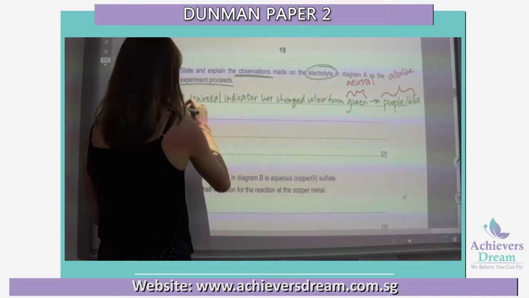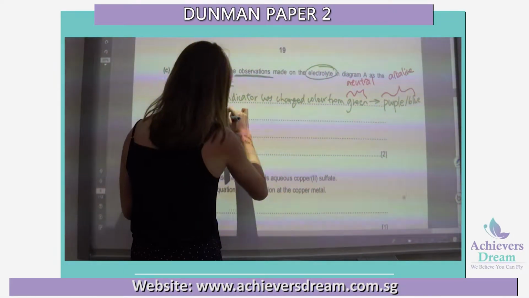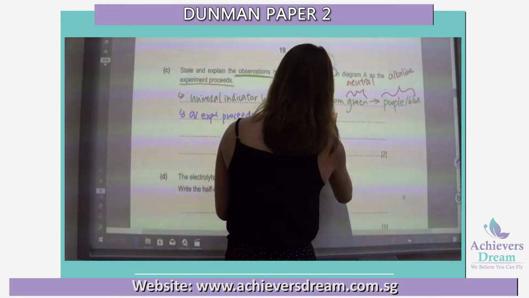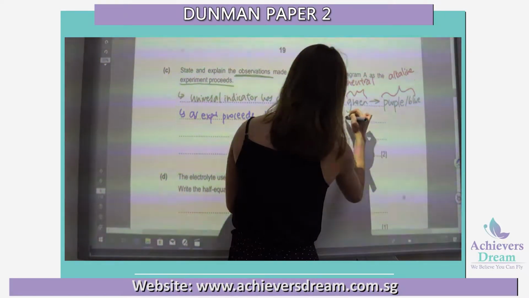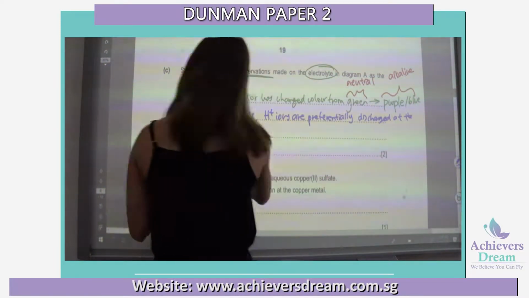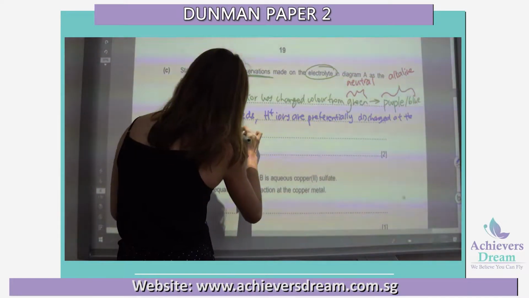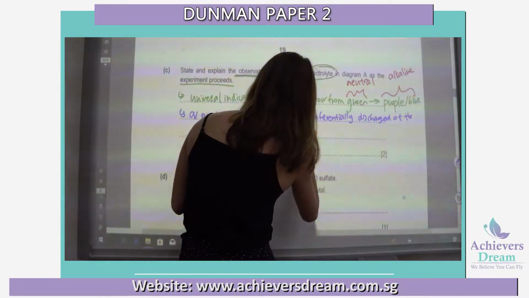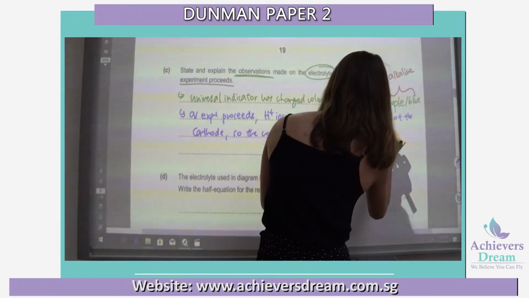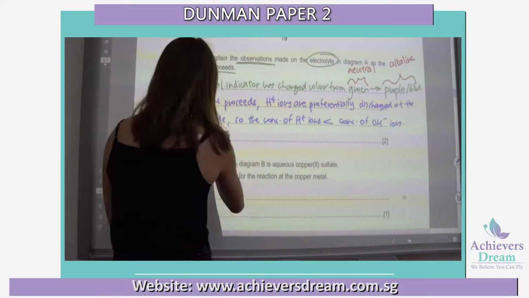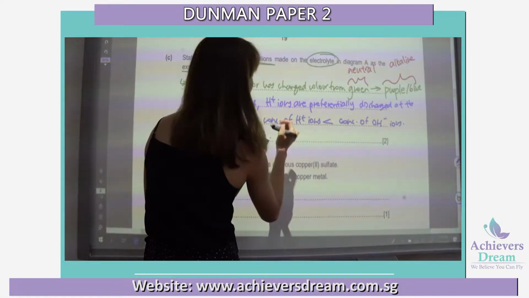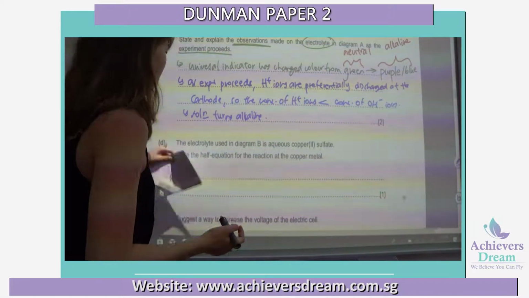Because as the experiment proceeds, your H plus ions are preferentially discharged at the cathode. So the concentration of H plus ions is less than the concentration of OH minus ions. Therefore, the solution turns alkaline. Okay, that's why your universal indicator will turn purple or blue.